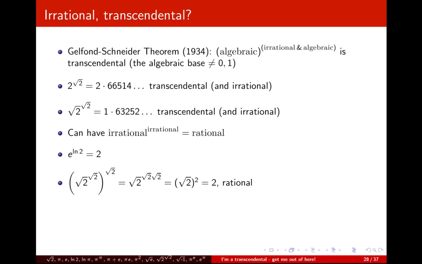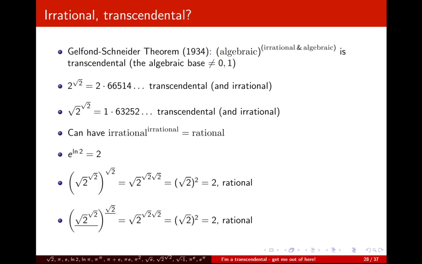But here's another example where the square root of 2 to the power square root of 2 we've seen above is transcendental and hence irrational, and we're raising that to the power of an irrational number, square root of 2, and if you simplify that expression you end up with 2, which is a rational number. So yes, it is possible to raise an irrational number to an irrational power and end up with a rational answer.